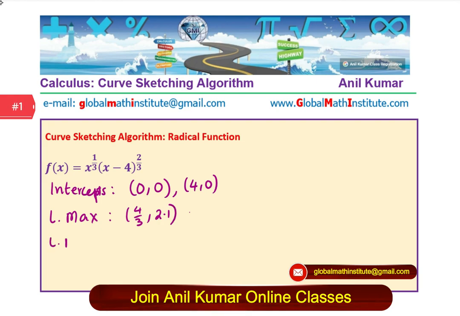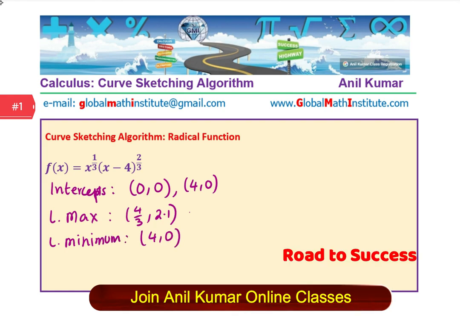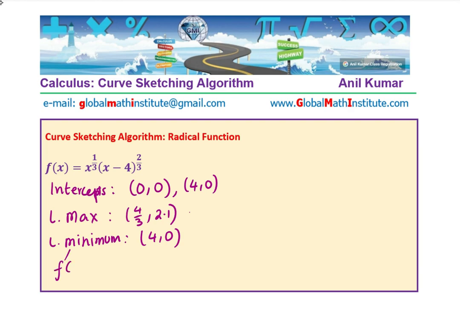And we had the local minimum, which was at the x-intercept 4, 0, right? A key piece of information which we also got was that the first derivative does not exist at x equals 0 and x equals 4. Now, we'll use this information to sketch rather than concavity in this particular case.